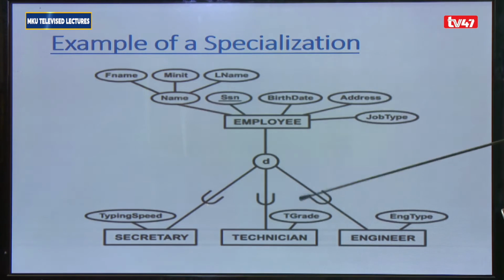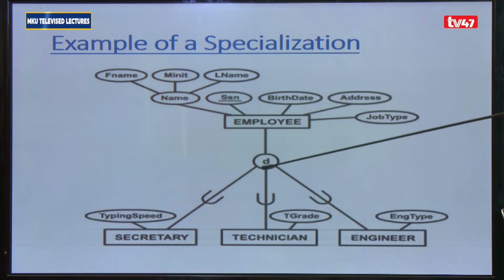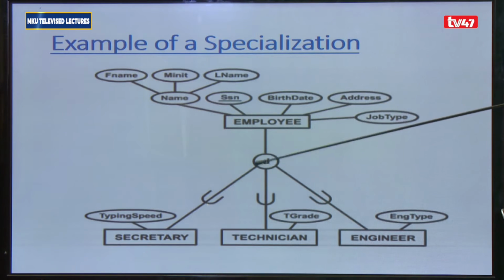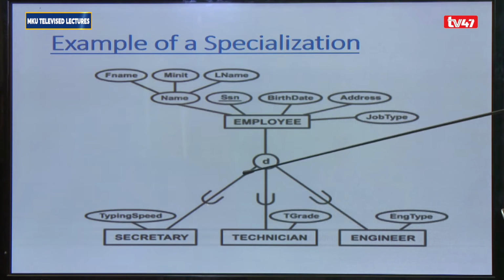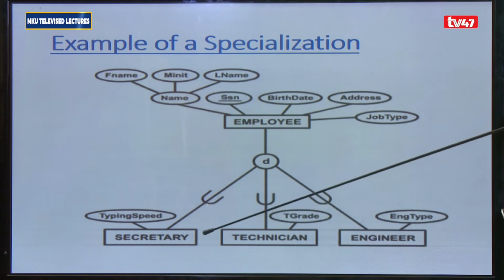Then we have some subclasses. This is how we show or denote that these are now subclasses of the employee superclass. In this case, we have the secretary, the technician, and the engineer.